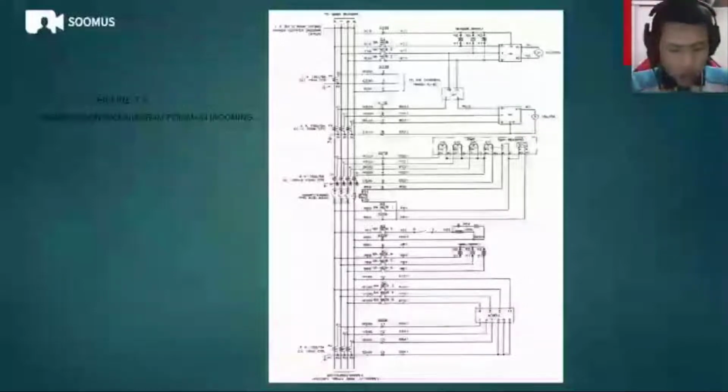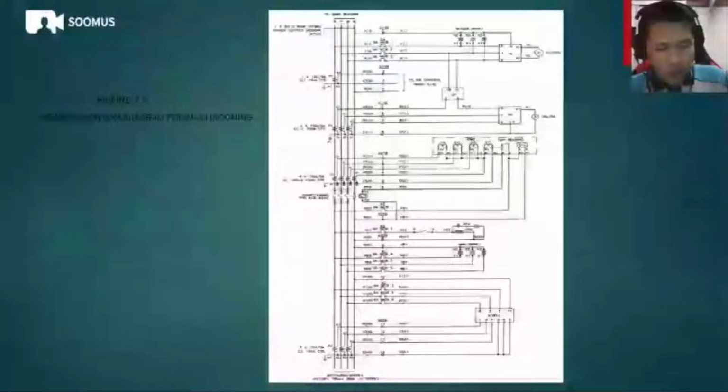So the ratio depends on the connection, which is connected to the voltmeter after connecting to the relay.